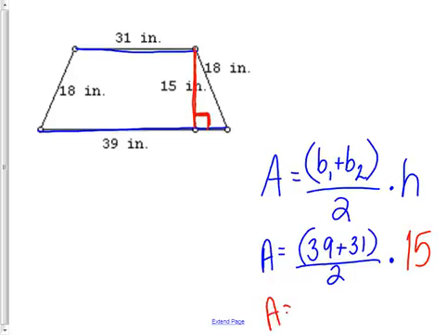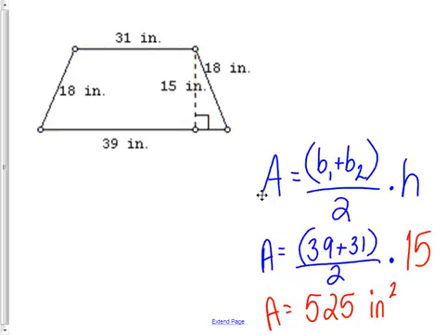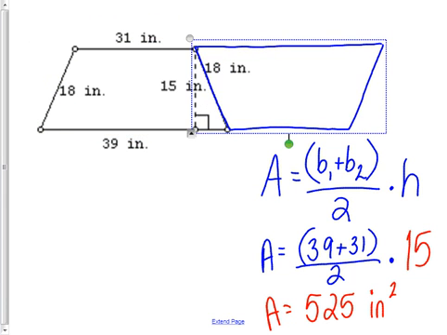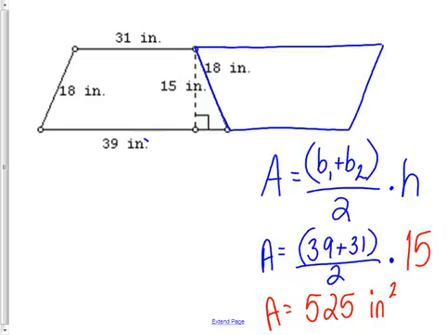My area then is, again, 39 plus 31 is 70, divided by 2 is 35. And then 35 times 15 is 525. So we're going to get 525 square inches. Notice, if I were to make another trapezoid that is congruent to the first trapezoid, and I were to rotate it and line it up with my first one, notice that the length of the base of the parallelogram I would form would be 39 inches plus 31 inches.